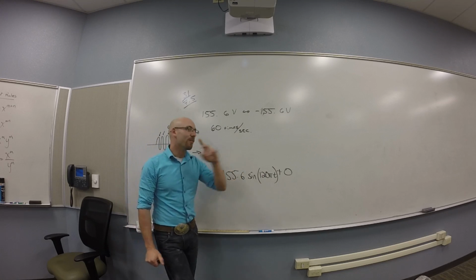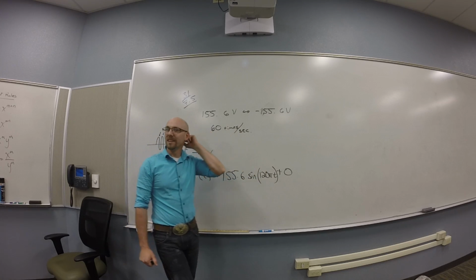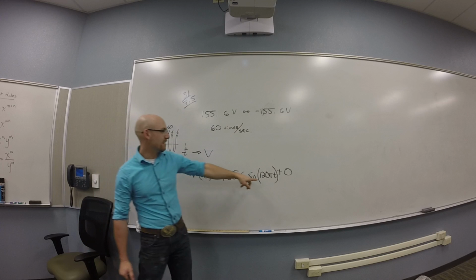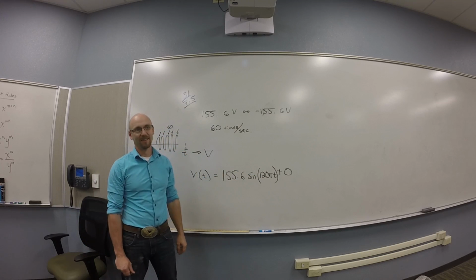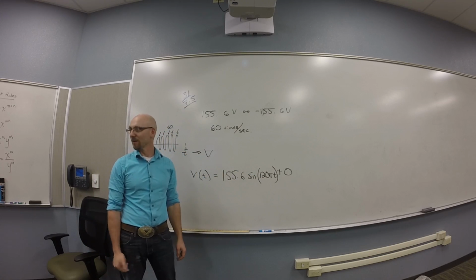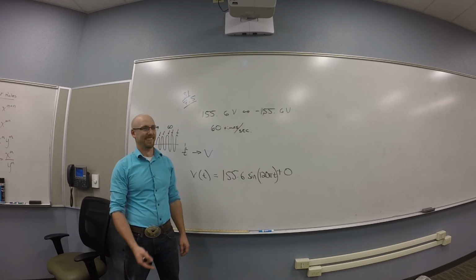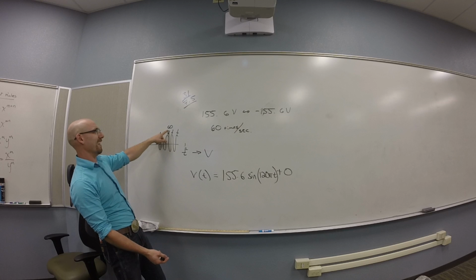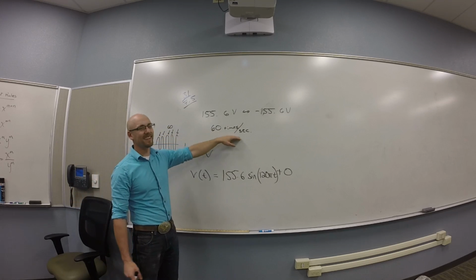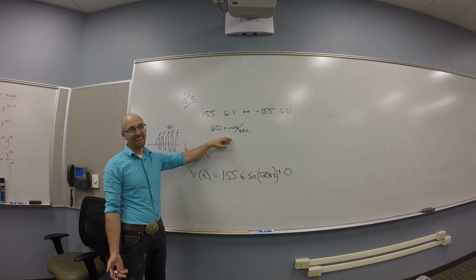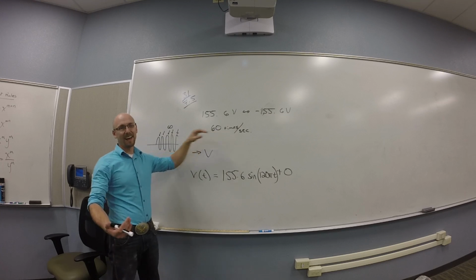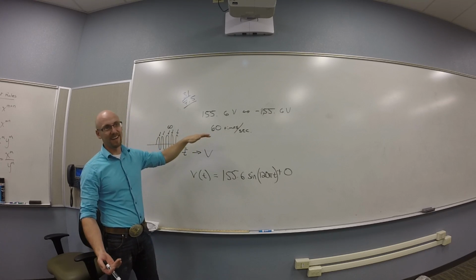So, why did I think it was possible that they would have written 60 pi t instead of 120 pi t? Why did I think that was a reasonable thing that I could be wrong about? Well, what does it mean to cycle 60 times a second? I'm interpreting that as there being 60 peaks, right?